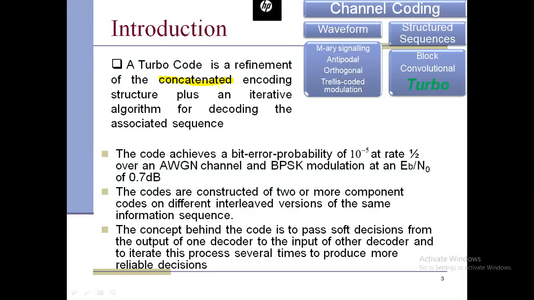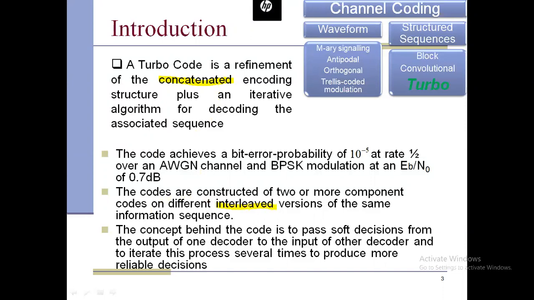But sometimes this concatenated structure is not enough to control the error burst. A long string of errors, if it comes, cannot be handled by the encoder. So how can we distribute this error string? The only way we can distribute it is by using interleaving.